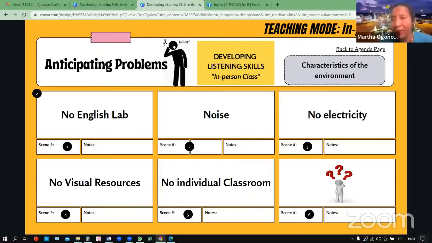Try to be honest. Daira Gomez is sharing. She works in a rural area and they don't have internet. She says she tries to give one song per week in order to increase listening skills. So, you know, there is no excuse if you are working in a rural area. Thank you, Daira, for sharing that.